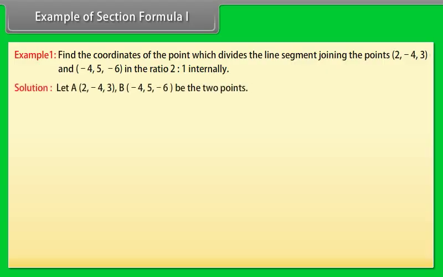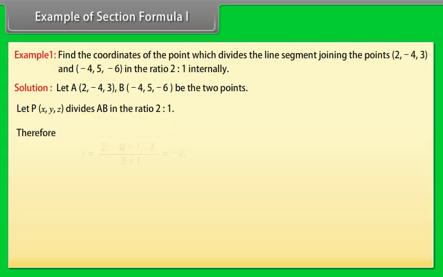Solution. Let A(2, -4, 3) and B(-4, 5, -6) be the two points. Let P(x, y, z) divide AB in the ratio 2:1.